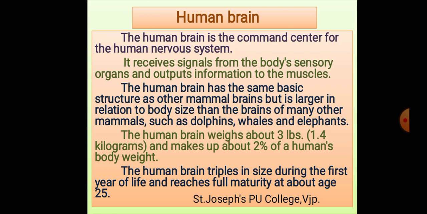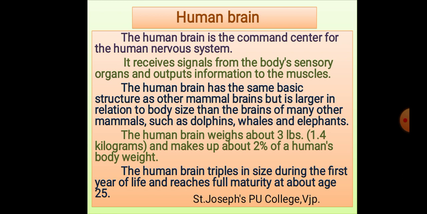The human brain has the same basic structure as other mammal brains, but is larger in relation to body size than the brains of many other mammals, such as dolphins, whales, and elephants.